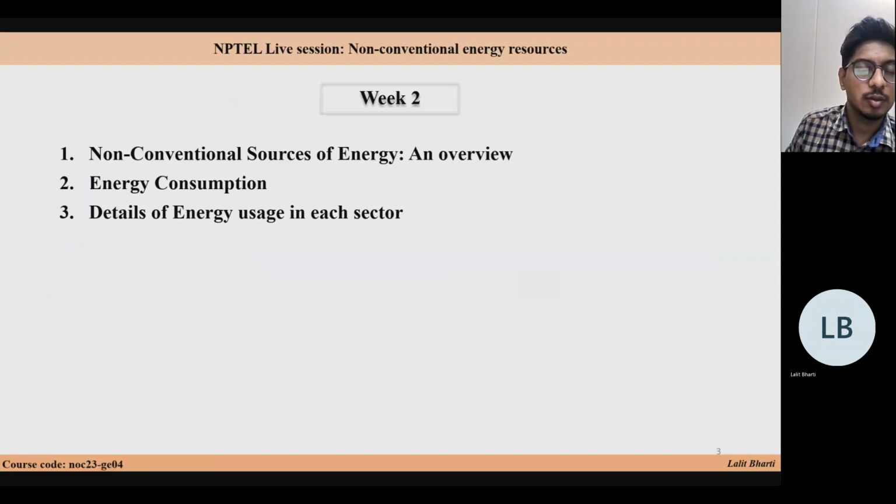Then the second topic was energy consumption, the overall energy consumption and which sectors consume more energy compared to other sectors, and all other things were discussed in detail. We will have some problems in this section also. And the third section is the details of energy usage in each sector, where it was divided into sectors.